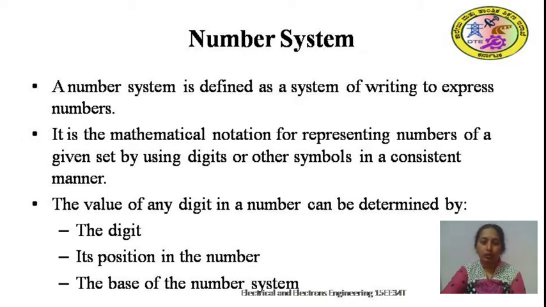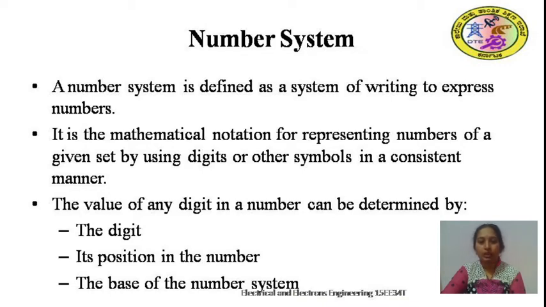Like we all know, in the decimal system, which comprises 0, 1, 2, 3 up to 9, 9 is greater than all the other digits. Or if I take an example of 3 and 6, 6 is greater than 3. The digit itself determines its value.